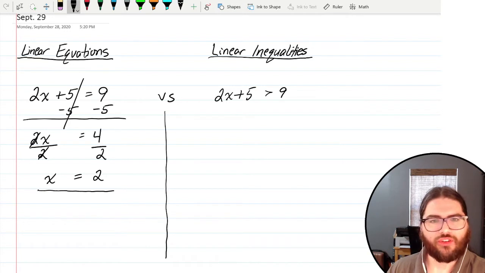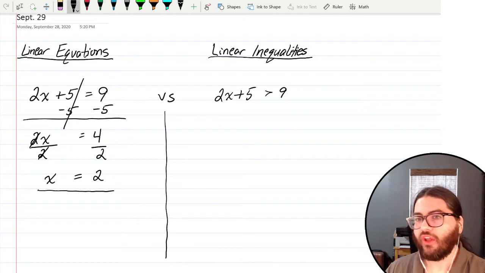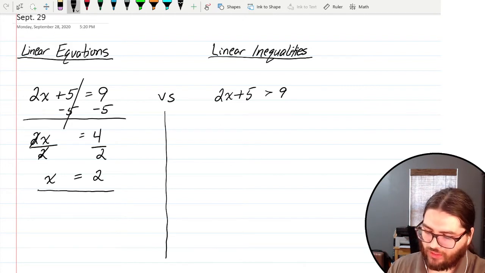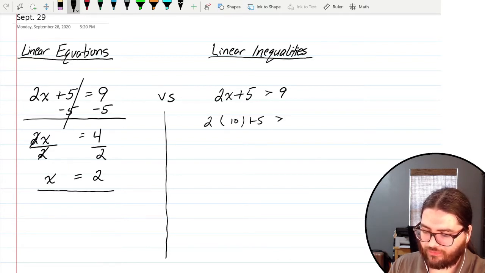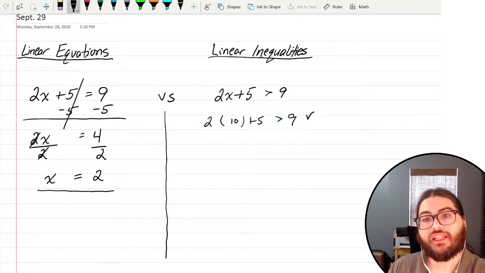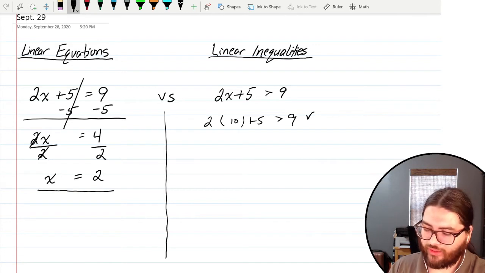Because inequalities are dealing with greater thans, less thans, there are usually multiple solutions to these things, because there are lots of numbers which are greater than 9, for example. And I could plug in 2 times 10 plus 5. That would be greater than 9. So 10 is a solution to this inequality.